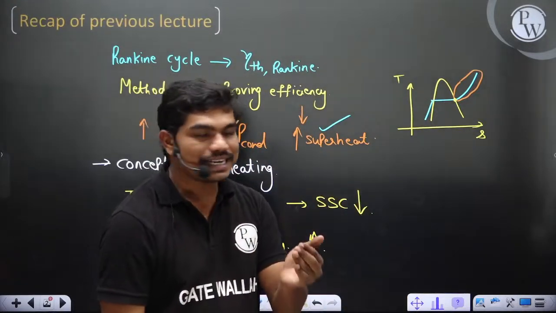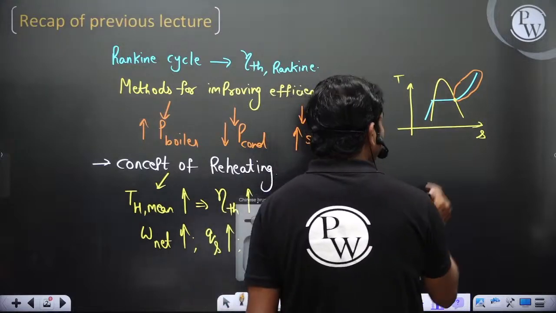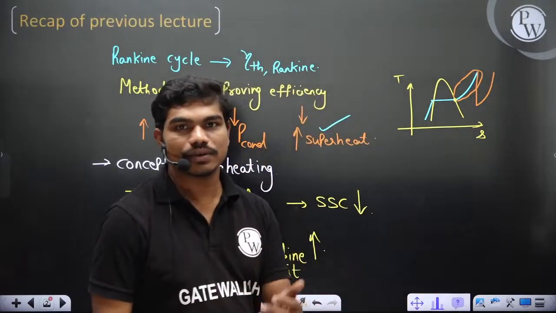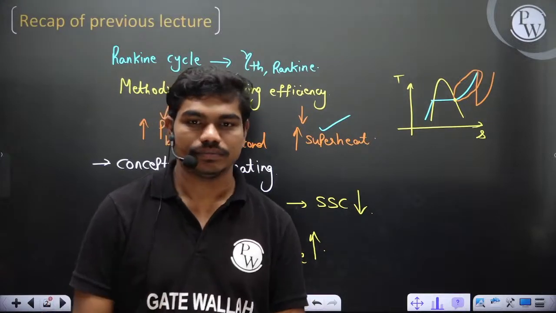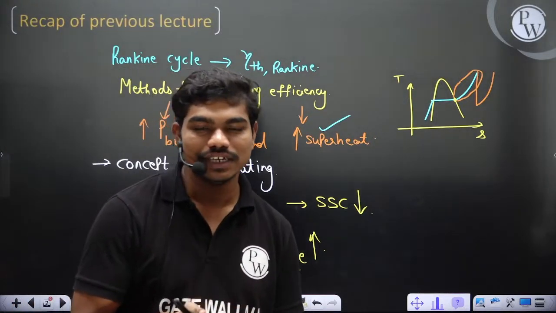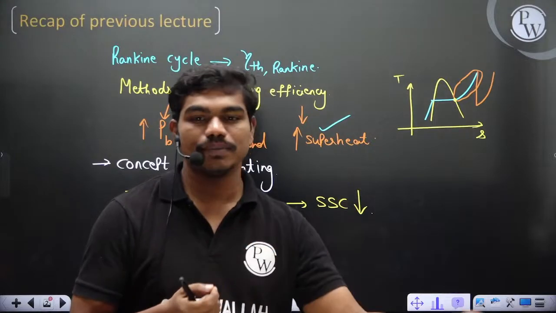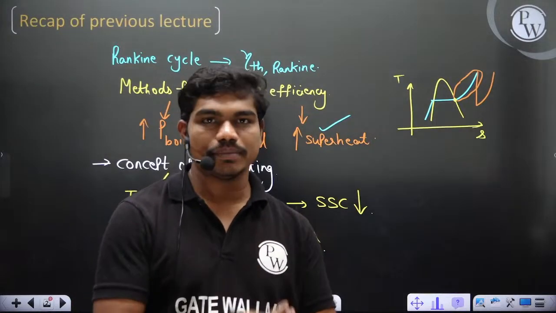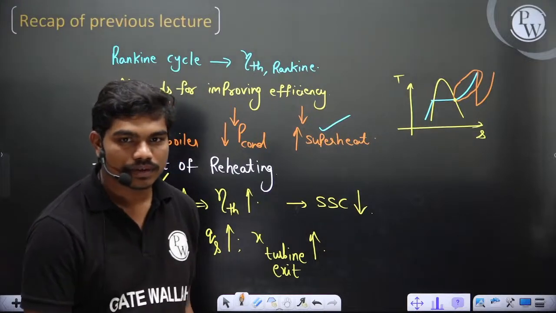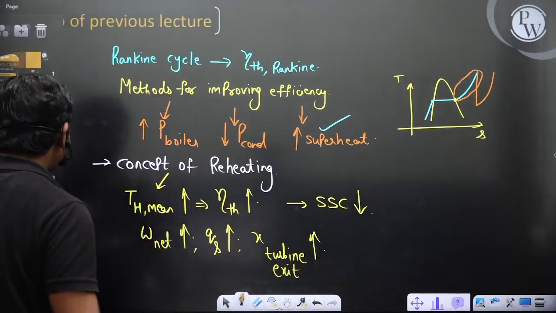Reheat is when, after one expansion, you again do the heating. Re means once again. Normally, any substance heated beyond its vapor state is called superheating, and heating multiple times is called reheating. Clear? That's the difference.